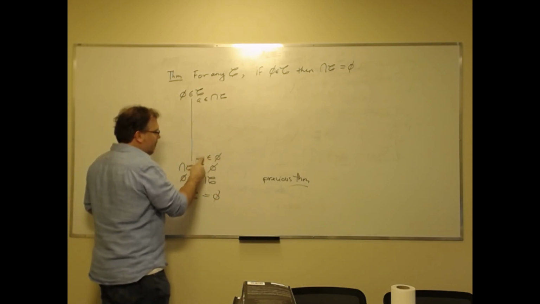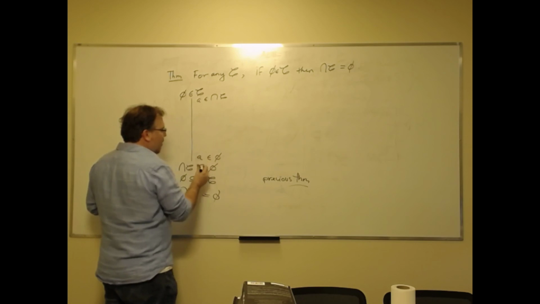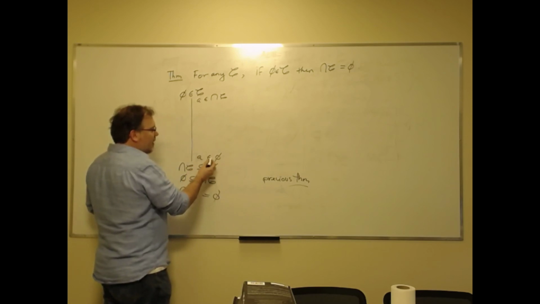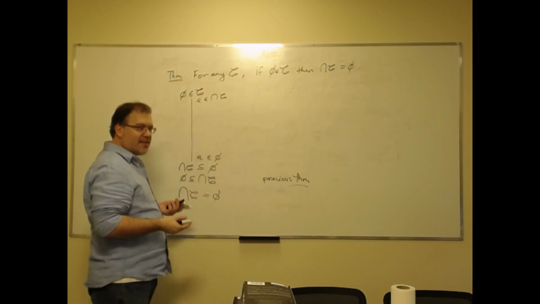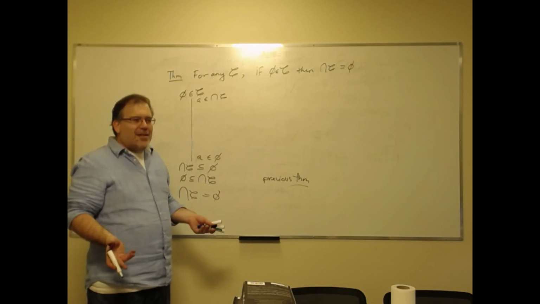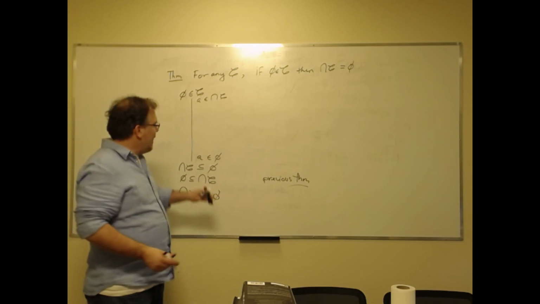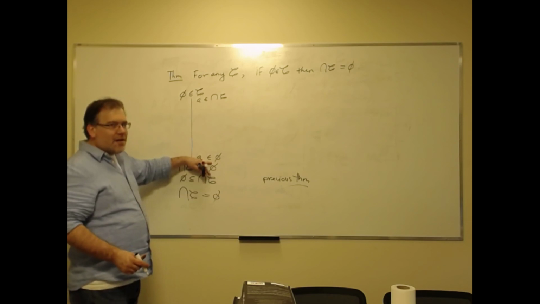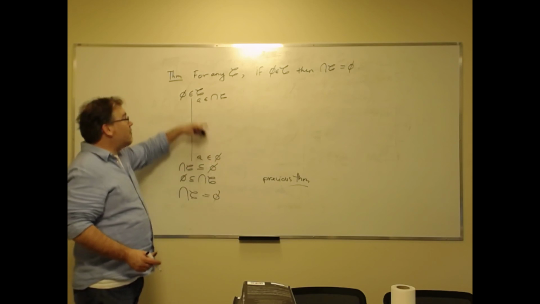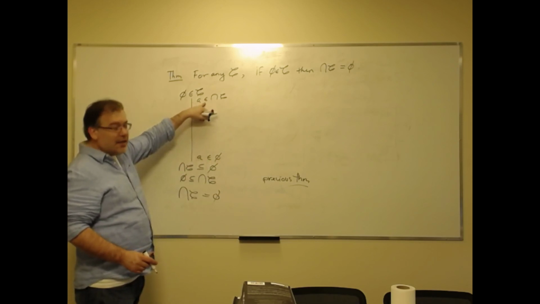Now you might be thinking, well, how are we going to get A is a member of the empty set? That's the empty set. It contains nothing, right? Well, if we manage to derive something which is false, that must mean this is already false. That must already involve some contradiction.